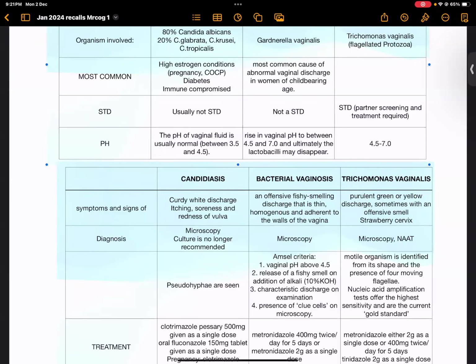BV and TV both have discharge. In BV, the fishy smelling discharge is pathognomonic, thin, homogeneous, and adherent to the vaginal walls. In Trichomonas vaginalis, there is often purulent green or yellow discharge and sometimes a strawberry cervix; these are the typical features of Trichomonas vaginalis.